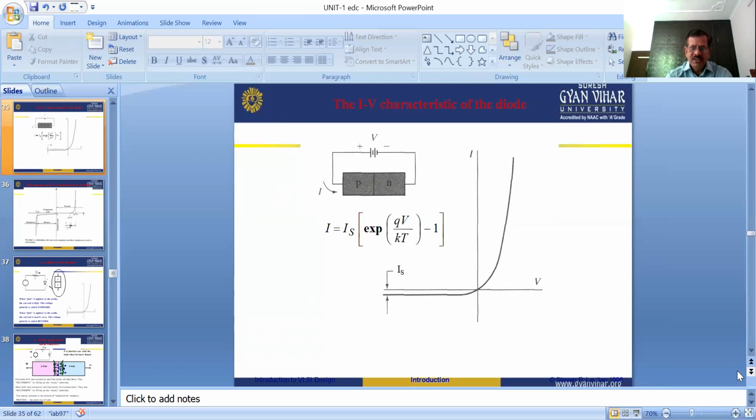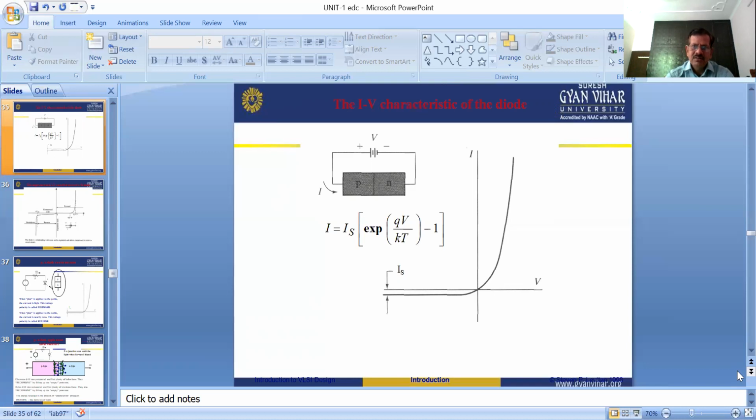In forward biasing, the positive terminal of the diode is connected to the positive terminal of the external battery, and the negative terminal of the diode is connected to the negative terminal of the external battery. This process is called forward biasing.